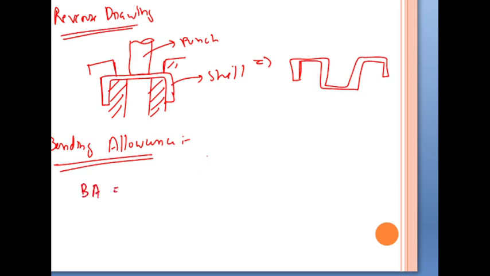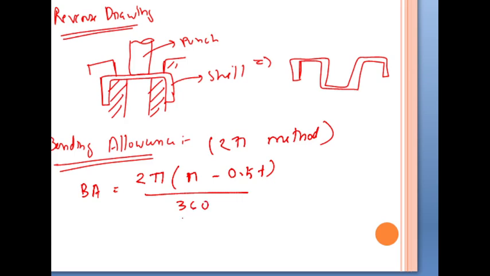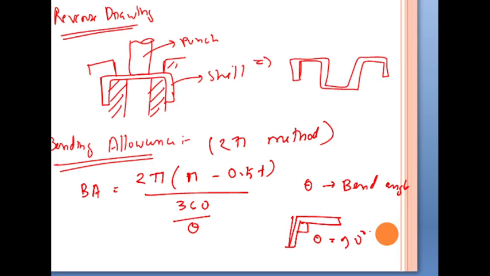Bending allowance can be found by the 2 pi method, that is, first write 2 pi, then r plus 0.5 t, divided by 360, multiplied by theta, where theta is the bend angle. If it is bent at 90 degrees, then theta will be 90 degrees.